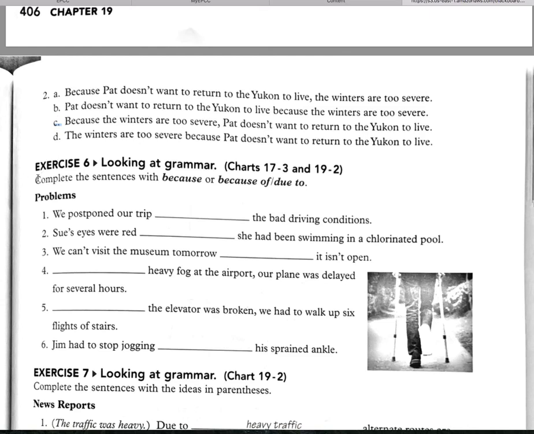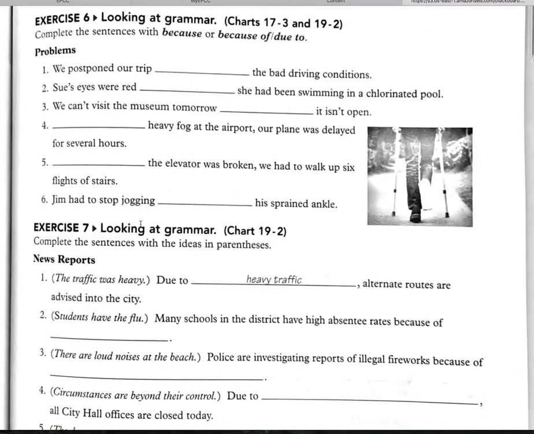Now we look at exercise 6. Complete the sentences with because, if it's followed by a subject and a verb, or because of, due to, if it's followed by a noun object. Okay? Let's do the first one together. We postponed our trip, blank, the bad driving conditions.